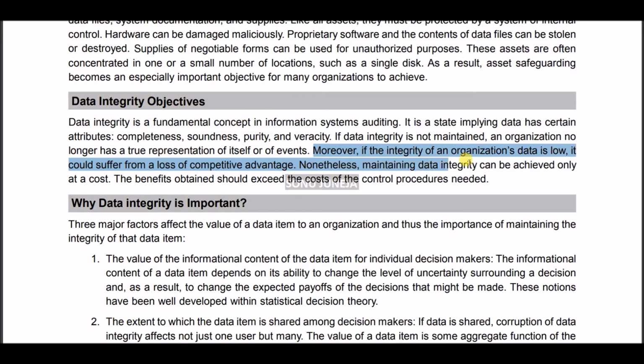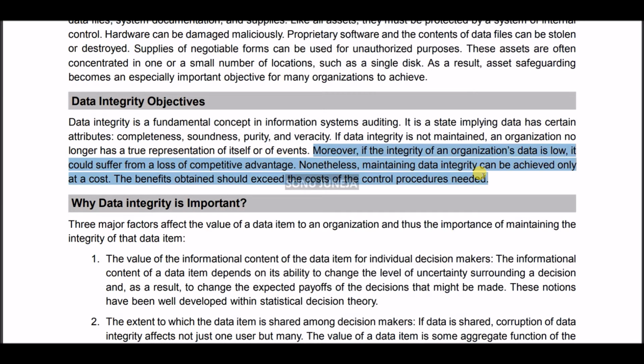Nonetheless, maintaining data integrity can be achieved only at a cost. The benefits obtained should exceed the cost of the control procedures needed. So investing in data integrity involves cost. Yes, we understand: creating security measures, a proper system, server rooms, maintaining an administrator, obtaining expertise and knowledge of these software, imparting training to the employees on how they are supposed to use the information technology within the organization.